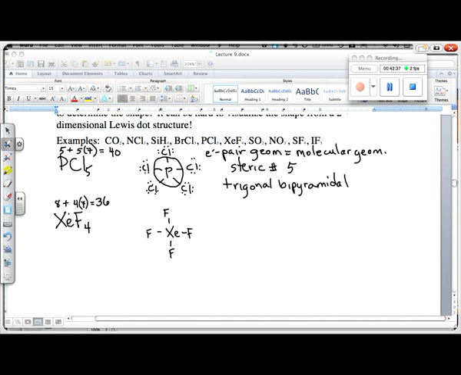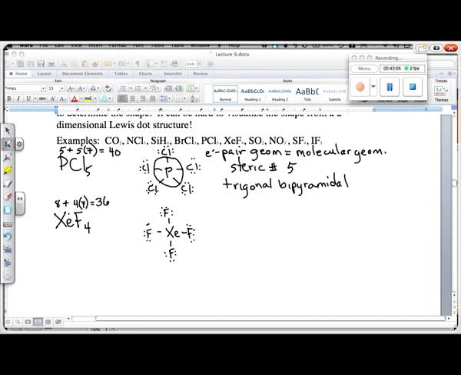Okay, xenon has its 8, but each of these fluorines wants more lone pairs. Okay, counting up, 6, 12, 18, 24, 26, 28, 30, 32.